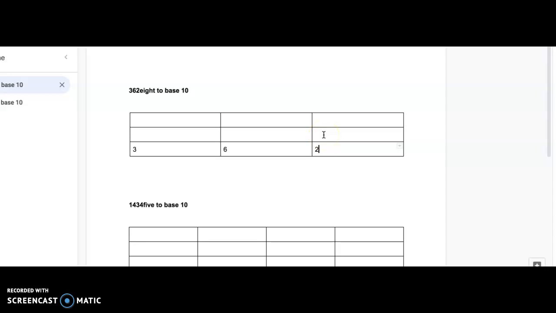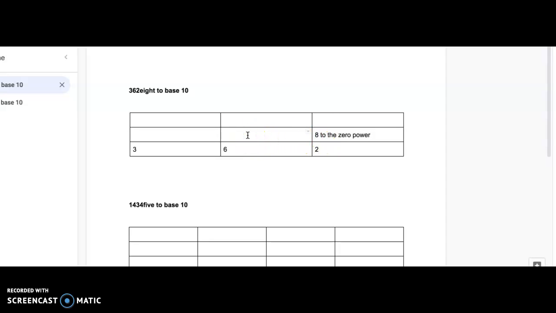And then in the row above this, I am going to write the base number with its power, starting from the extreme right with 0. So above our 2, we are going to have 8 to the 0 power. And I'm going to write it out to make it more understandable.